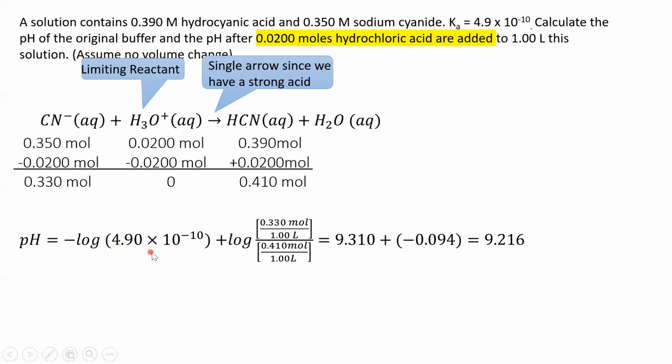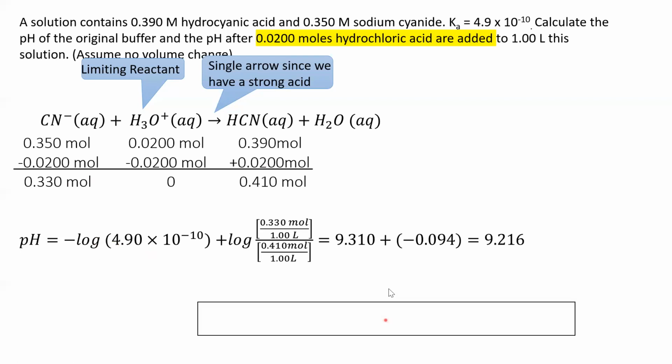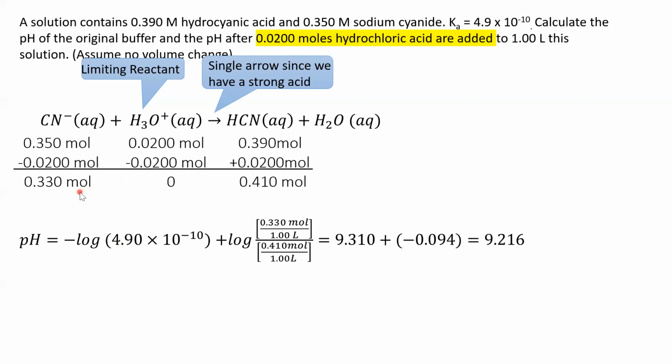So the negative log of the Ka gives us pKa. But now the values of our base and our acid have changed slightly because the buffer consumed the acid we added to it. So now the base is 0.330 and the acid is 0.410.